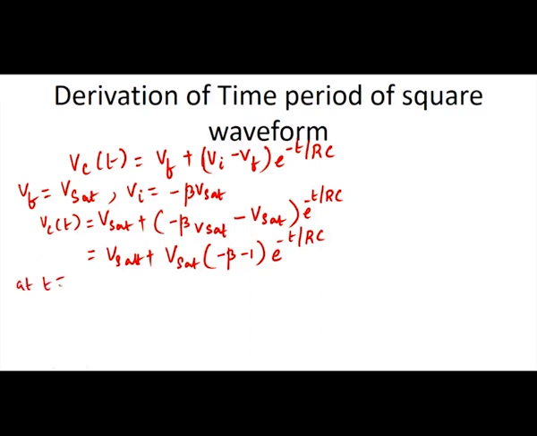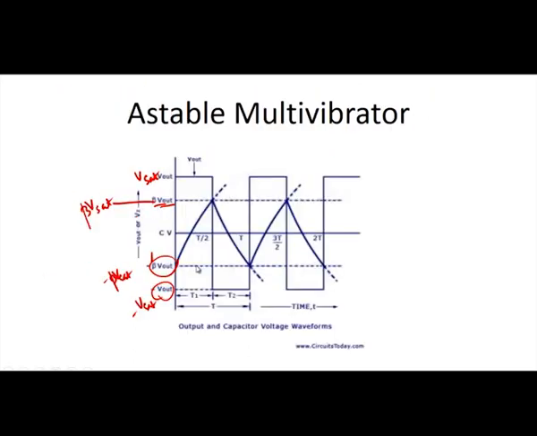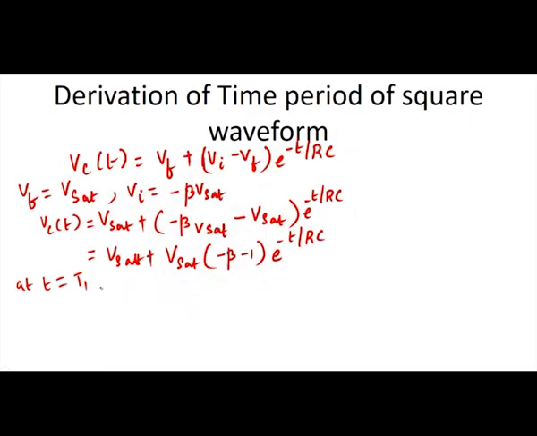At small t equal to capital T1, what is the value of the capacitor's voltage? For this particular time period T1, the capacitor voltage is plus beta V saturation. So substitute Vc of t at t equal to T1, Vc of t is plus beta V saturation. The equation will become beta V saturation is equal to V saturation.